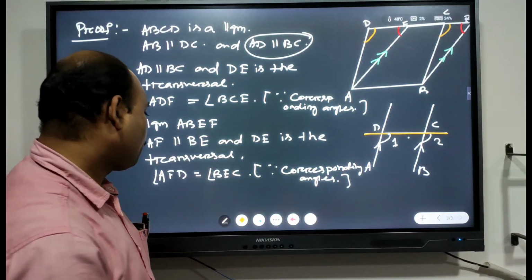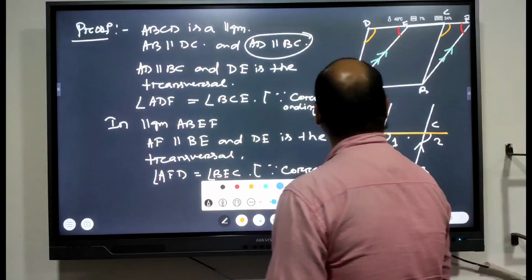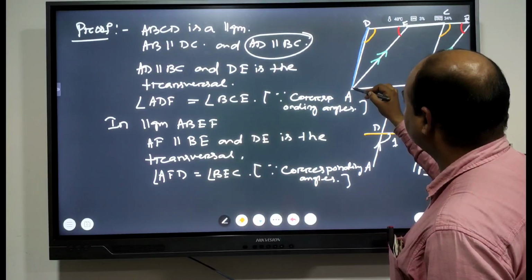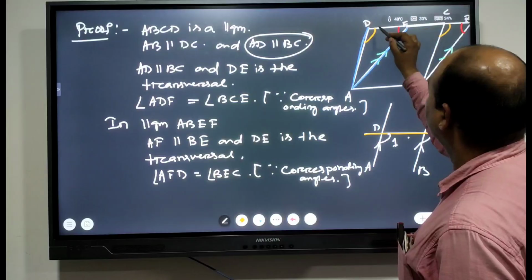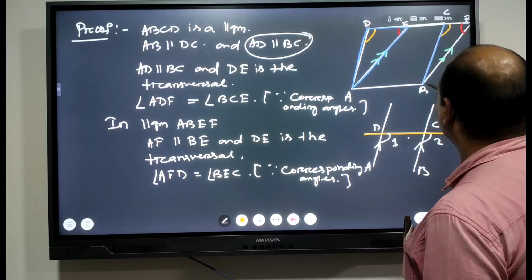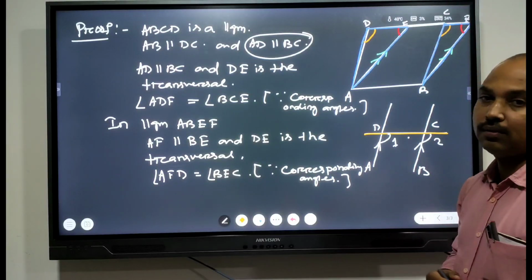Okay? Now, you see, in this triangle and this triangle, in these two triangles, what do you have?